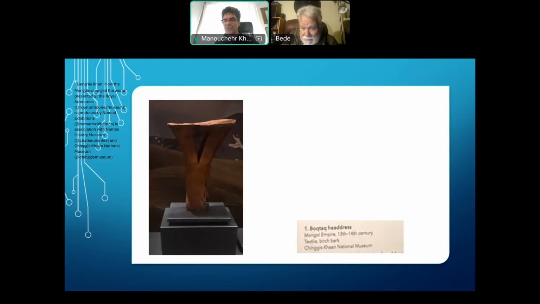Yes. So this is birch bark and textile. Yeah. So they made a frame out of birch bark. There may be little sticks and things woven into it, and then it was covered in textile, and then adorned with, if you were rich enough, pearls and all kinds of things.